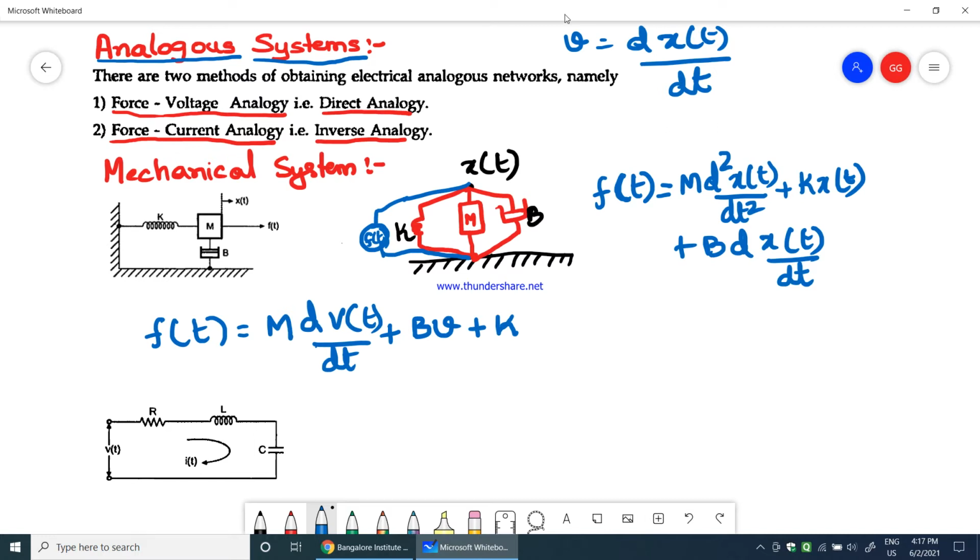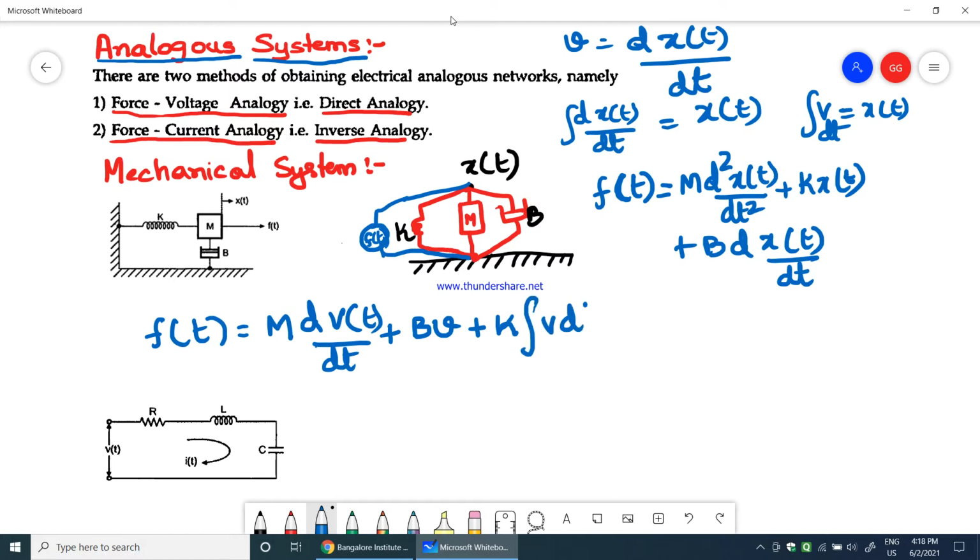Integration and differentiation cancel, so k into the integration of v dt is nothing but x of t.